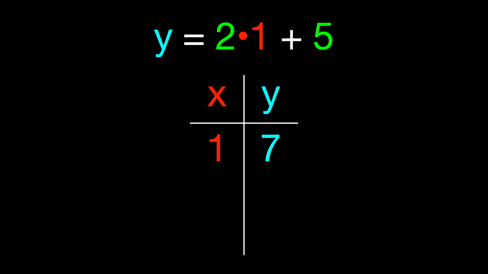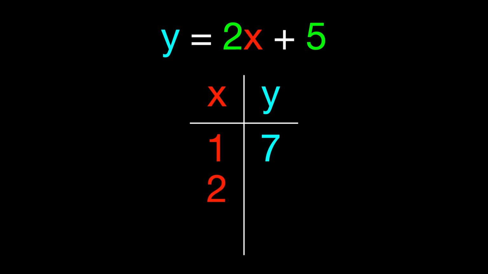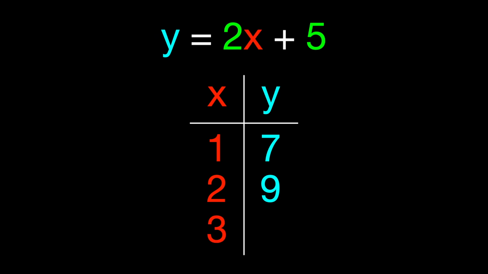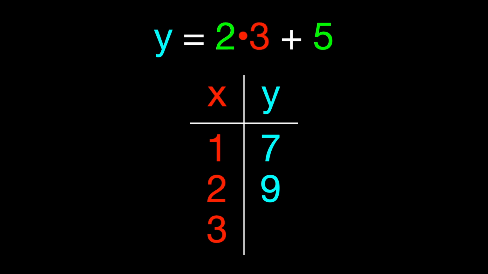If x was equal to 2, the output y would be equal to 2 times 2 plus 5, which is 9. If x was equal to 3, we could figure out that y was equal to 2 times 3 plus 5, which is 11. In machine learning, we take the opposite perspective.